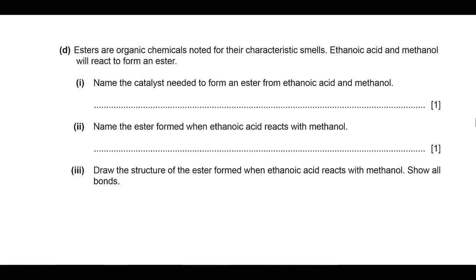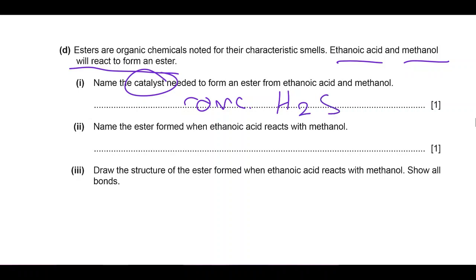Esters are organic chemicals noted for their characteristic smells. Ethanoic acid and methanol will react to form an ester. But here in question number 1, they are asking about the catalyst. Always in esterification to form an ester, you need to use some drops of concentrated H2SO4.